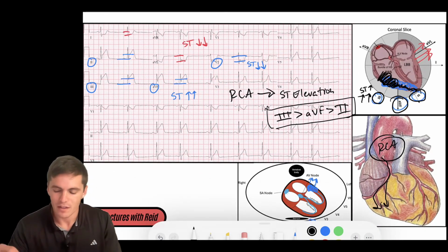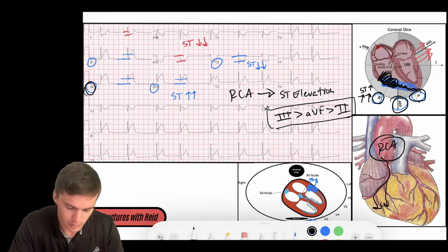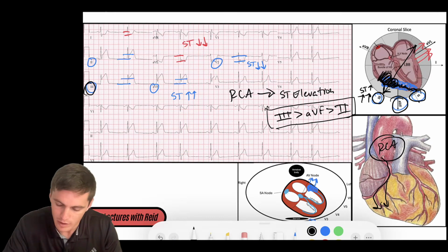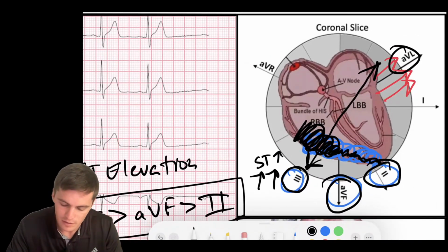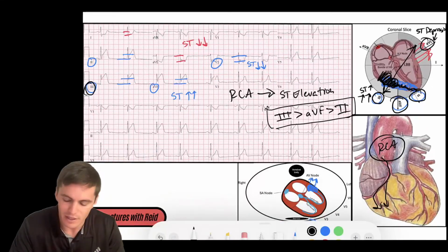Similarly, the most reciprocal lead to lead 3, so we said lead 3 is going to have the most ST segment elevation, the most in line with it, is AVL. So we should see in a right coronary artery infarction, the reciprocal changes, the most ST depression in AVL, right?